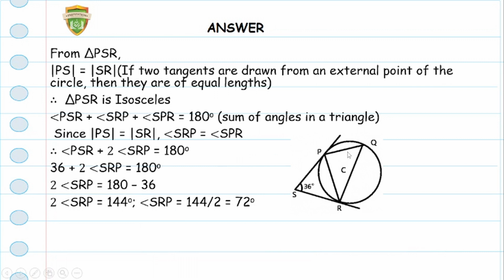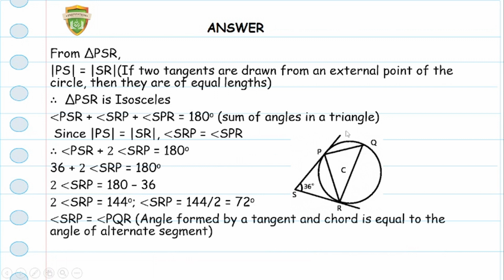But what we're looking for is this angle right here. That brings us to another circle theorem that says that the angle that is formed by a tangent and a chord. Now we know that this is a chord, right? The angle that is formed by a tangent and a chord is equal to the angle in the alternate segment, right? So you know that a segment is an area of a circle that is bound by a chord and an arc.